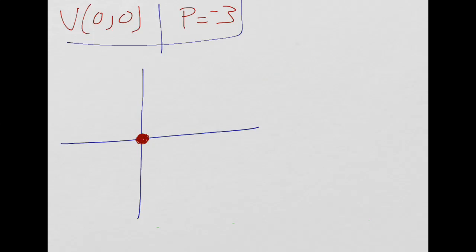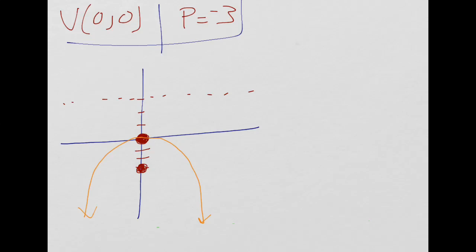So if I take that p-value, negative 3, and I go to my vertex and go down 3 units, my focus should be right there. If I go 3 units in the opposite direction of my vertex, I should get my directrix line. And now, all I got to do is sketch it in. Boom.